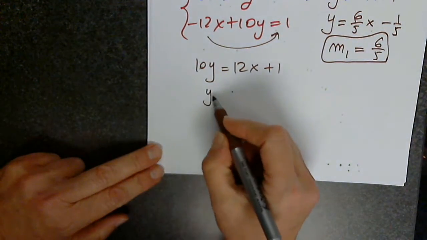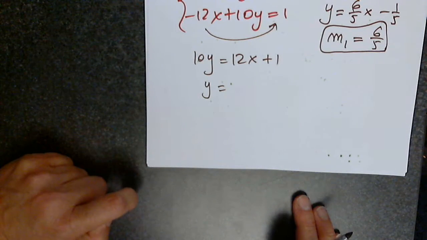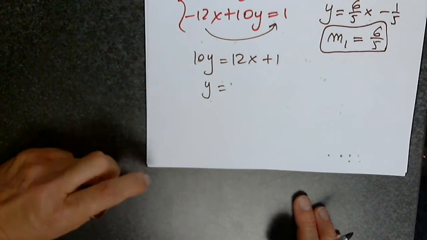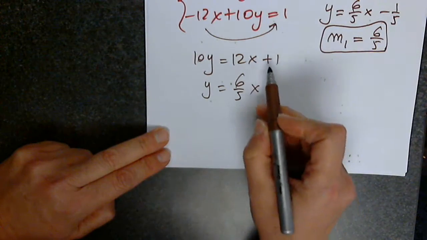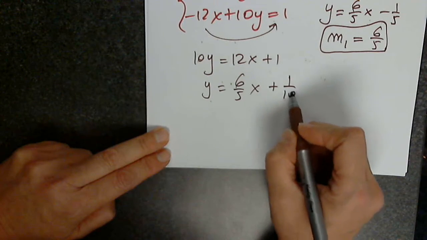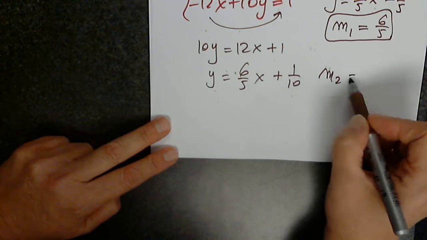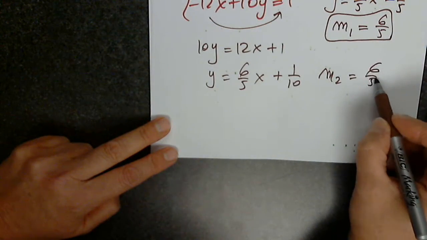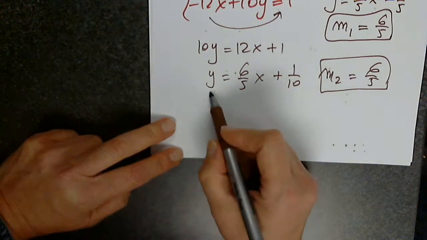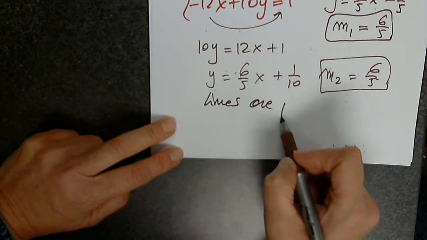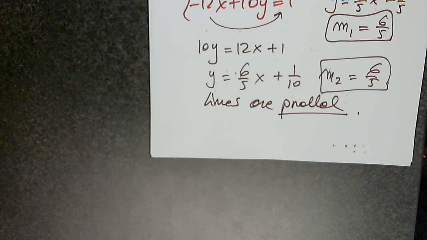Y equals 12 over 10, which is 6/5 x, plus 1/10, because I'm dividing by 10. So what is the slope of the second line? What do we conclude about these two lines? The lines are parallel, because they have the same slope.